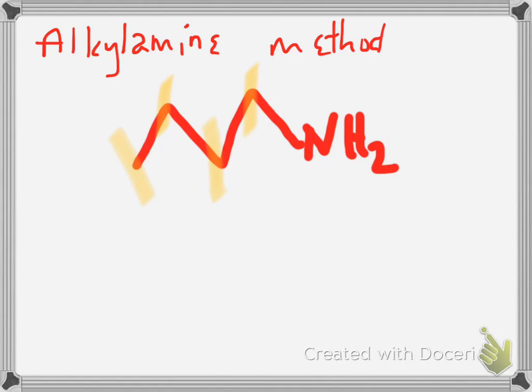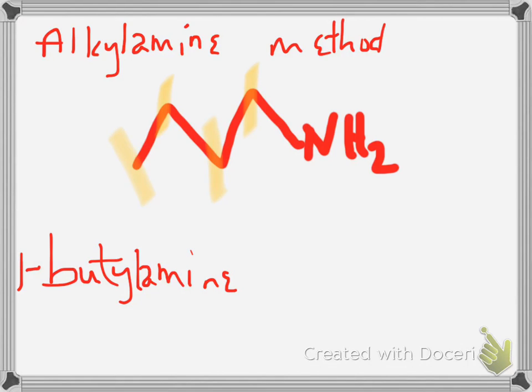So that would be a butane or a butyl group. And then we just add the amine ending. And finally, we need to give it the locant, so that we know exactly where the nitrogen is. And so this would be 1-butylamine.